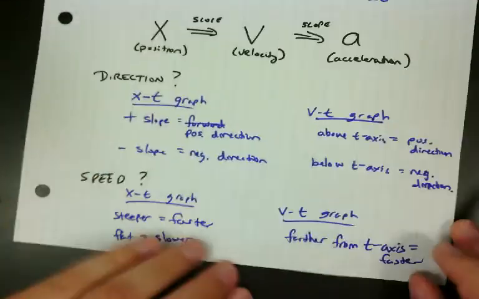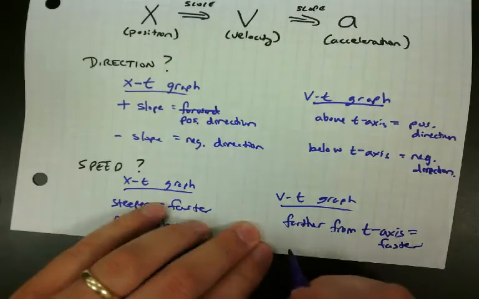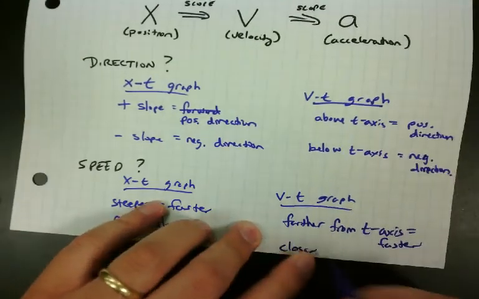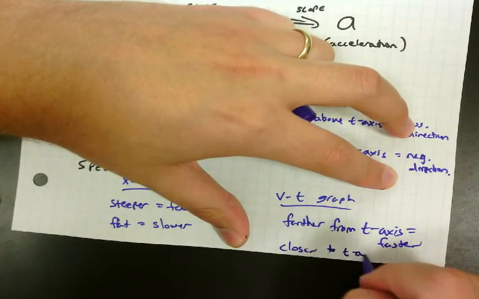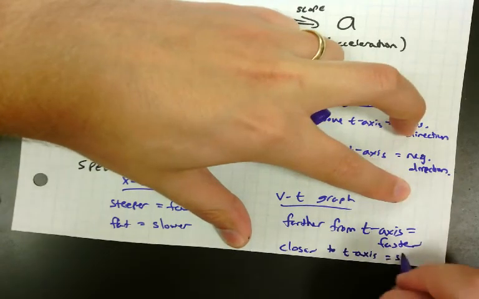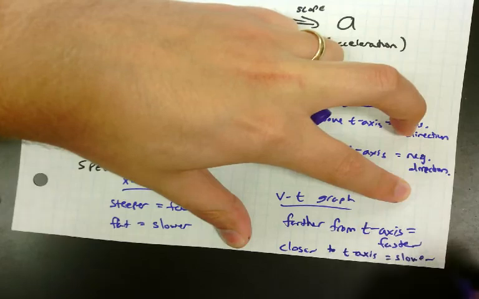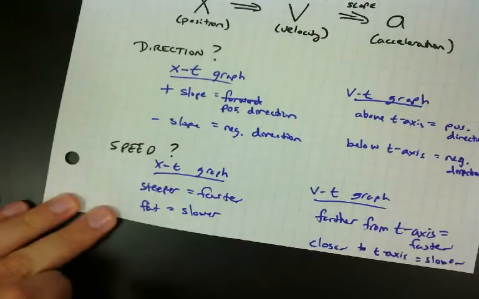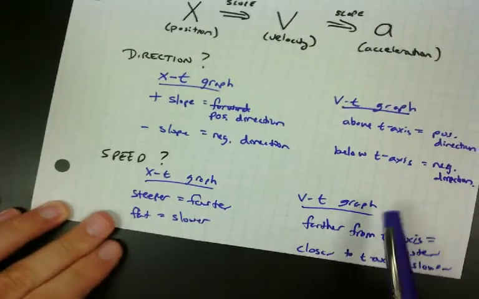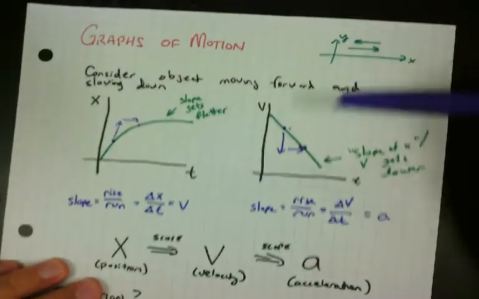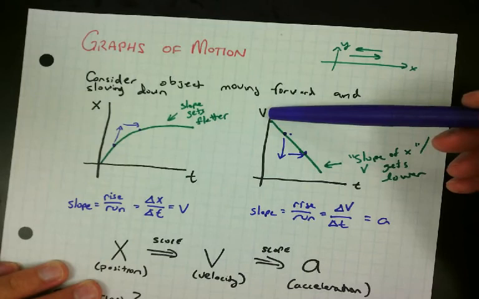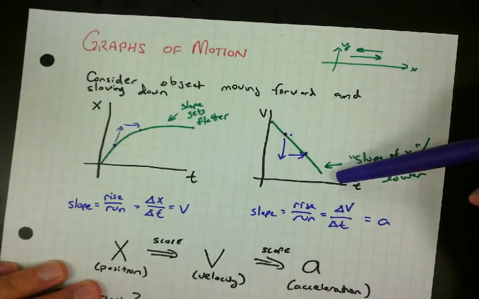So if you're farther from the t-axis, you're going faster. If you're closer to the t-axis, you're going slower. Sorry, I can't write on that paper on the edge. But farther from the t-axis, faster, closer to the t-axis, slower. Right? I'm fast up here, far from the t-axis. I'm slow down here, closer to the t-axis.